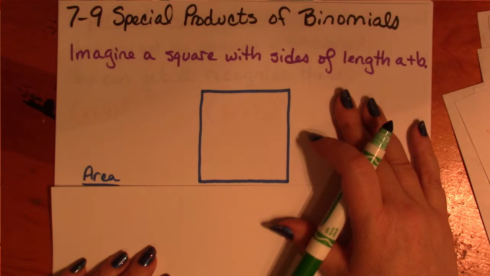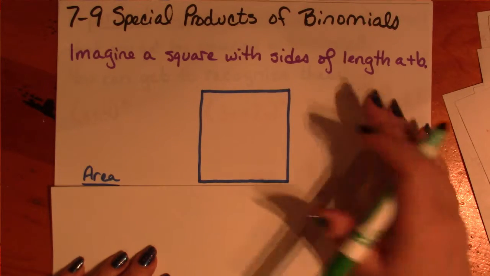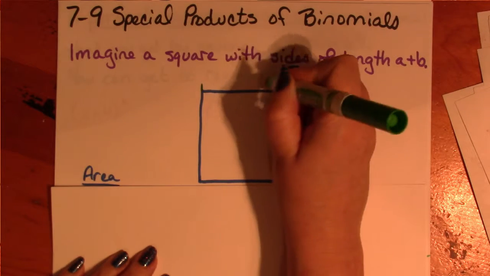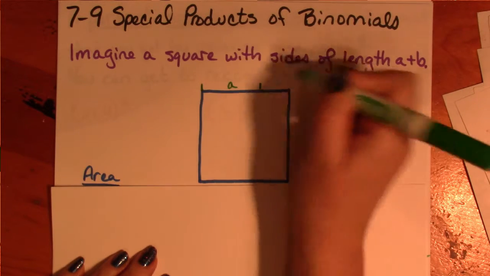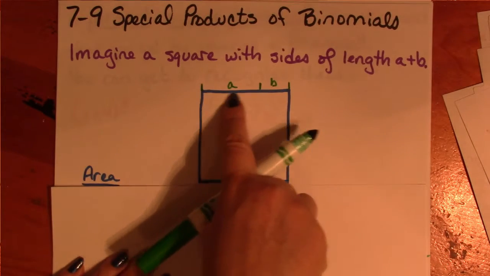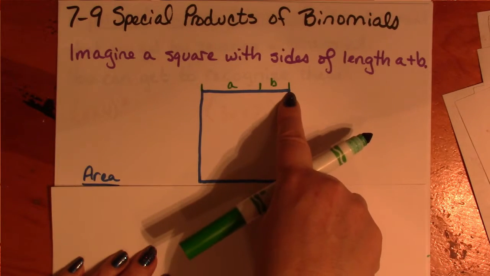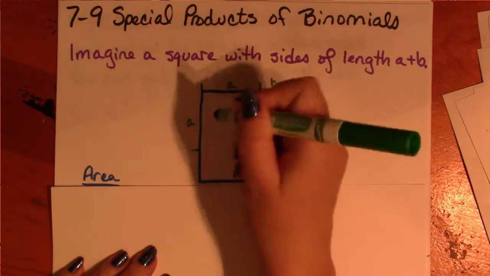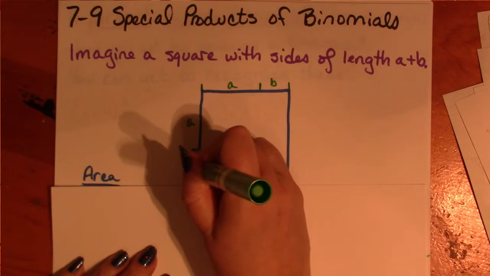We're going to imagine a square with the sides length a plus b. So let's say a is this long and b is this long. So the side is going to be a plus b. And this is a square, so this side is also a plus b.